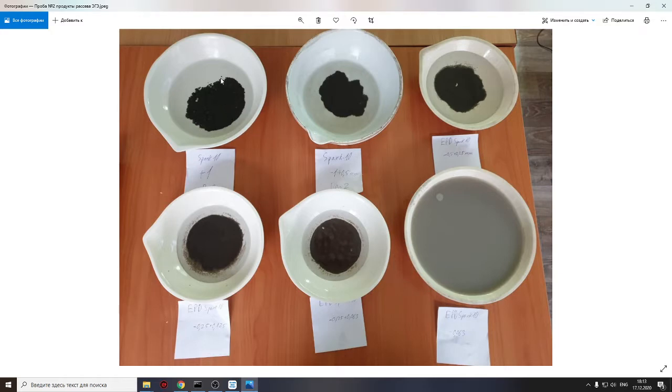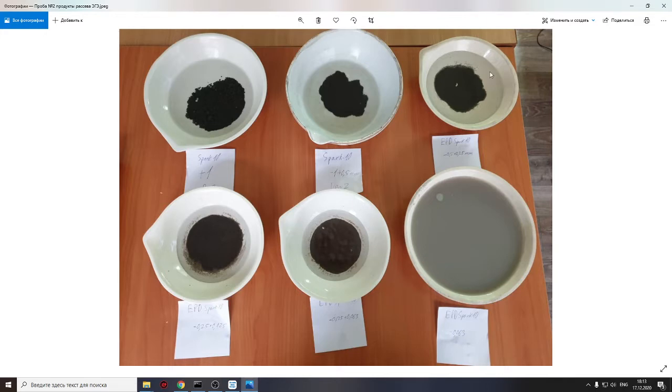The coarsest fraction, plus 1 millimeter, is empty for sulfides. We looked carefully by binocular, and there are no intergrowths left. We also took a look at the fraction of -1 plus 0.05 millimeters, and it also did not contain any intergrowths or monomineral grains of sulfide.